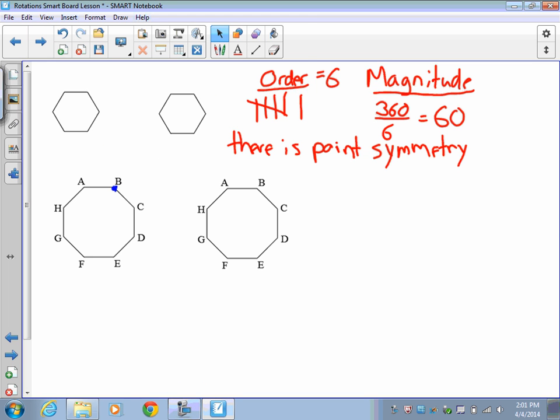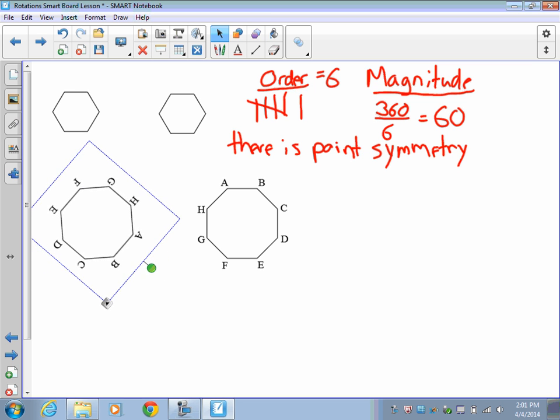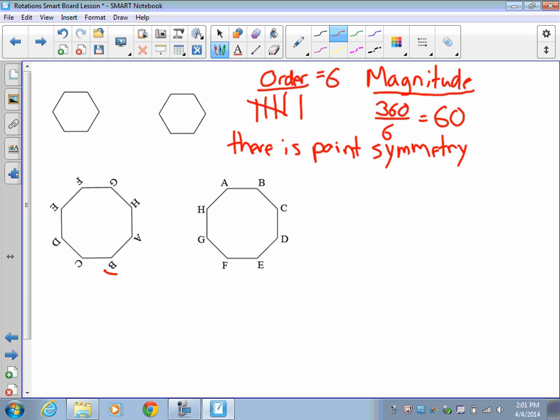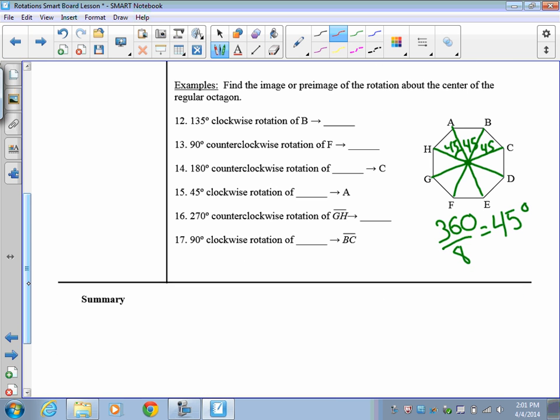So if I take point B and I rotate it 135 degrees, that's going to be like 4 turns. Sorry, 3 turns. So we're right there. So this is where B is. Therefore, E needs to be the answer to number 12. So B will get changed into E.